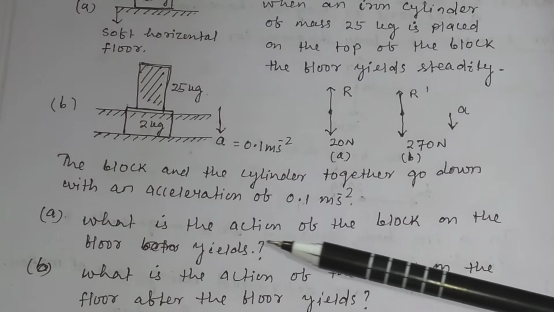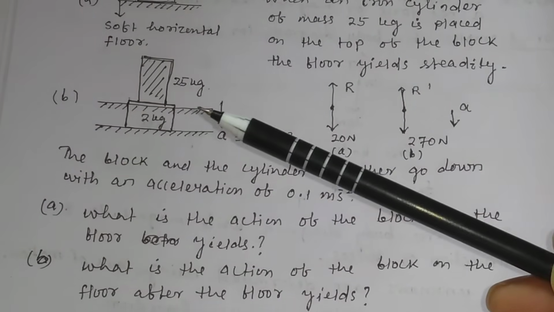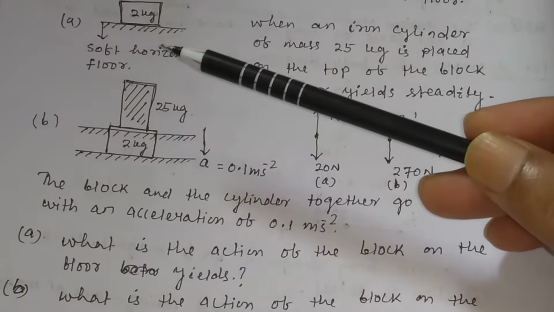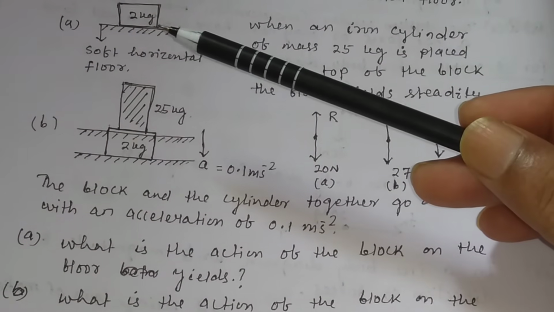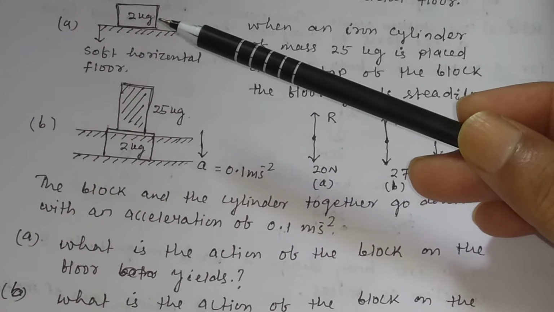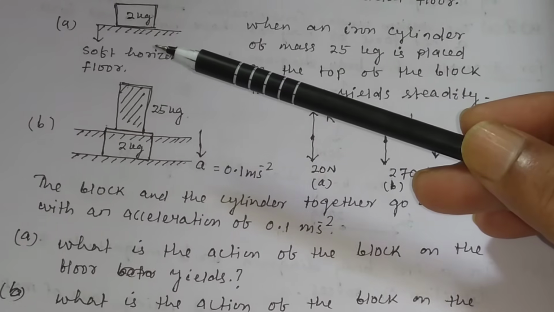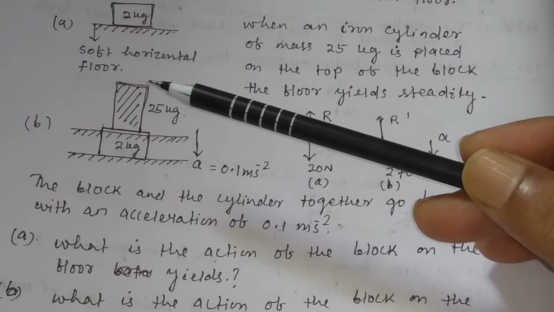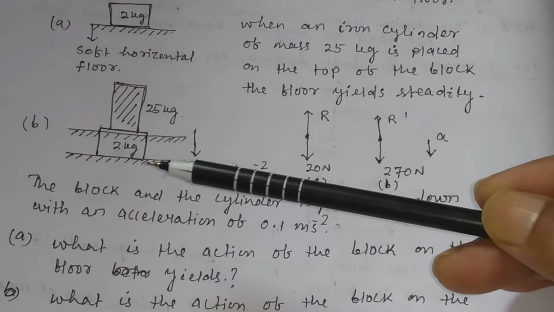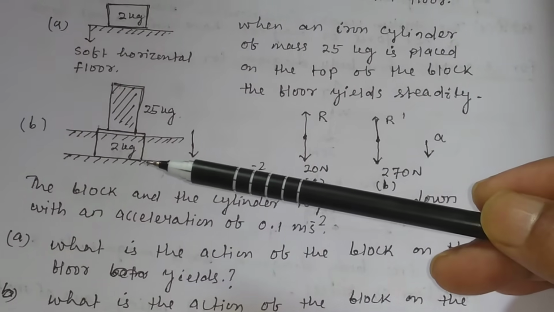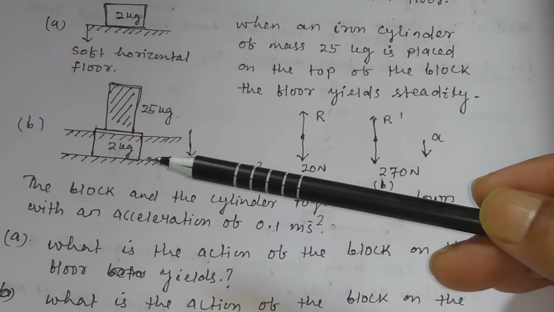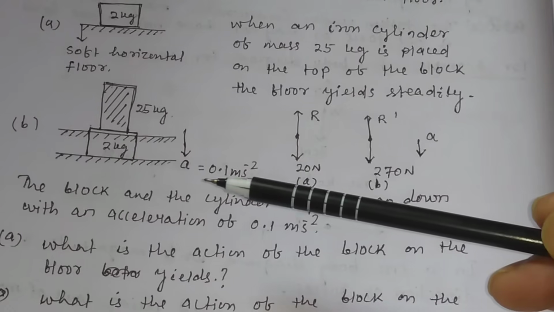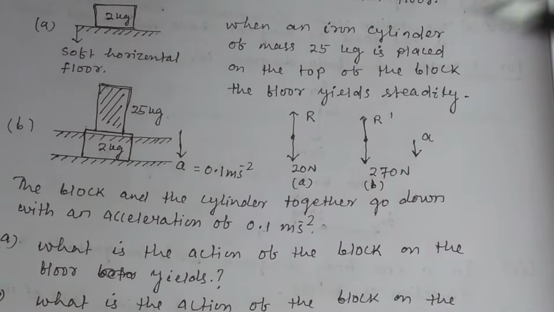In this figure you can see the block of mass 2 kg on the floor. And the next question is, what is the action of the block on the floor after the floor yields, that is, when it is coming down with some acceleration, 0.1 meter per second square.